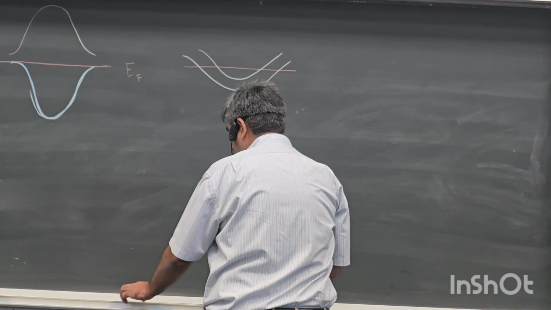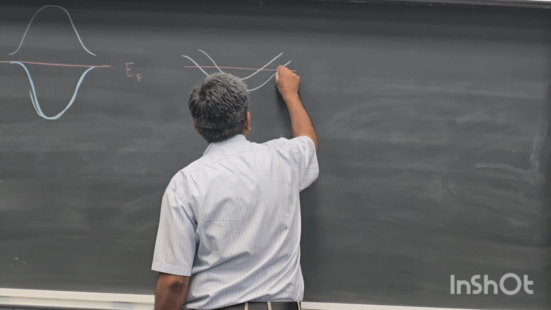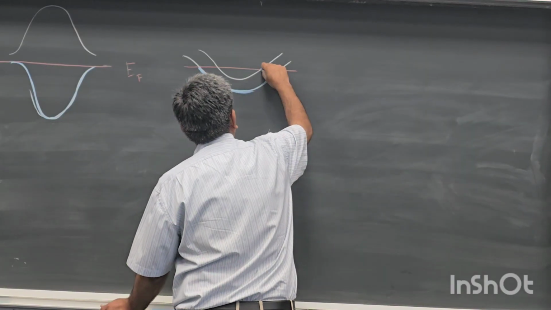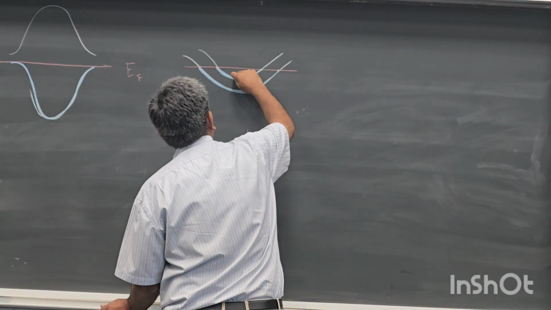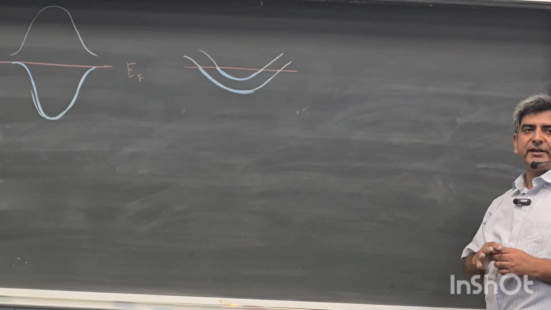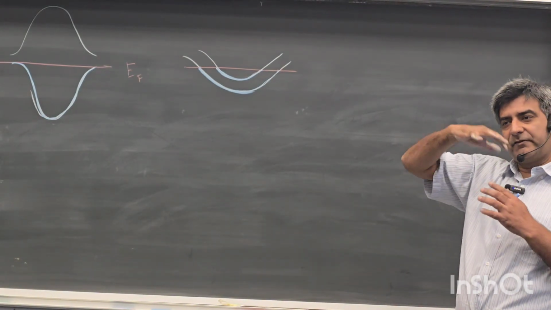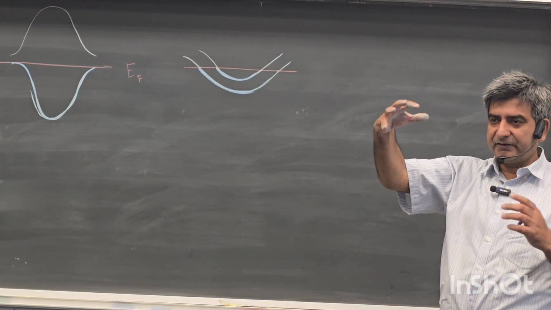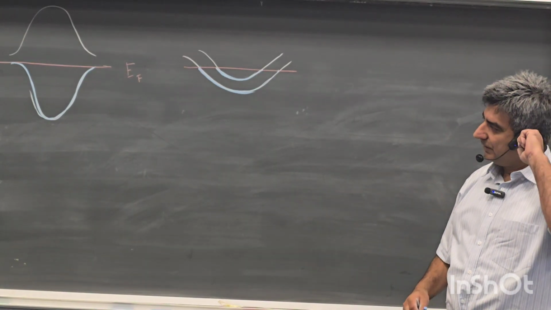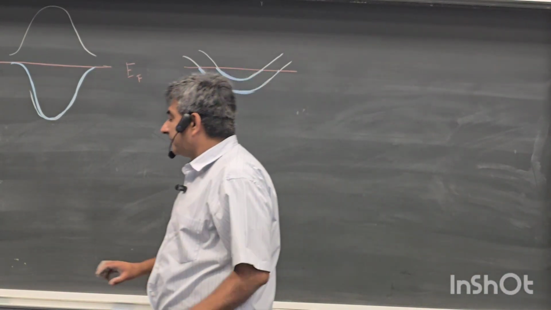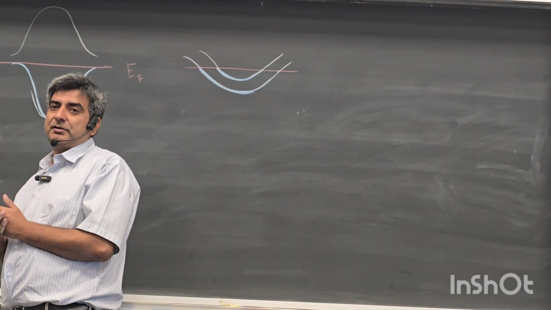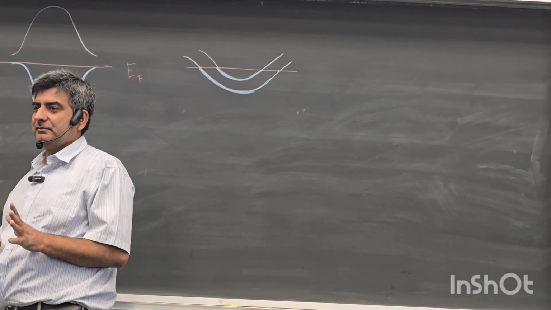So these bands are filled up to the Fermi energy. Both of them are filled. So they will form a conductor. So there are different kinds of possibilities of where the Fermi surface ends, and where the bands are. Now I think it's really the right time to talk a little bit about effective mass for the electrons.